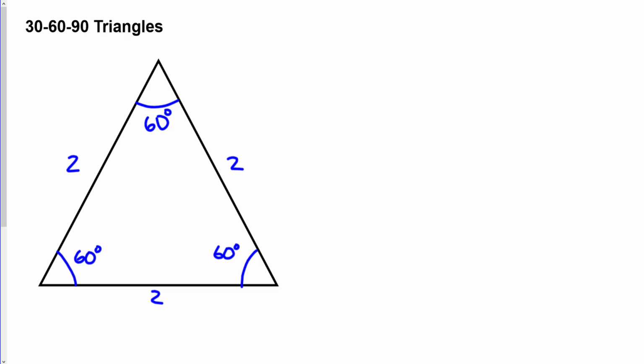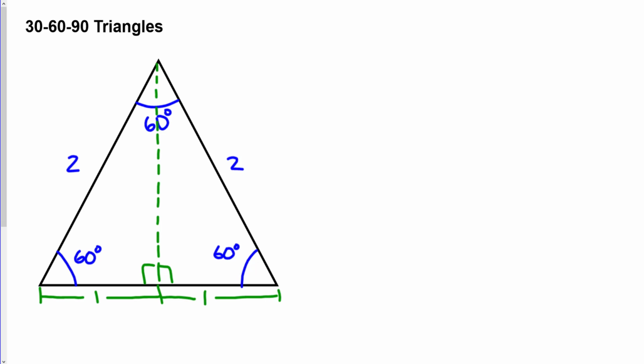If I draw a dashed line and divide it into two pieces, I would have 90-degree angles here. The length of the base of each of the new triangles is going to be 1. That's the reason why I chose the side length to be 2, so that when I divided it in half, I wouldn't end up with a fraction.